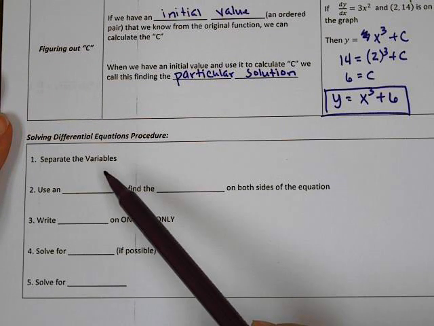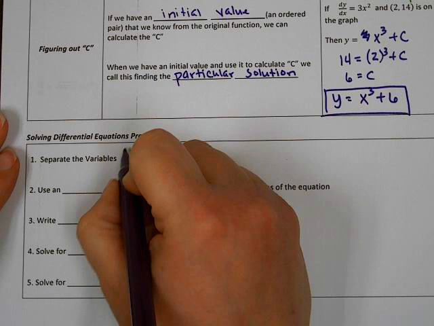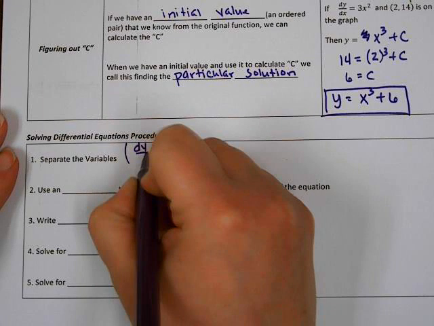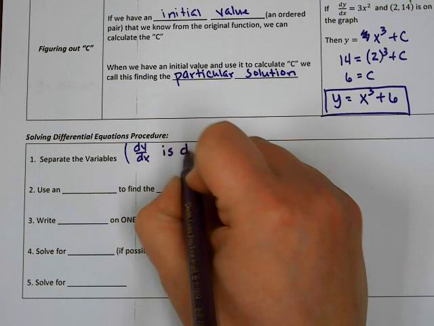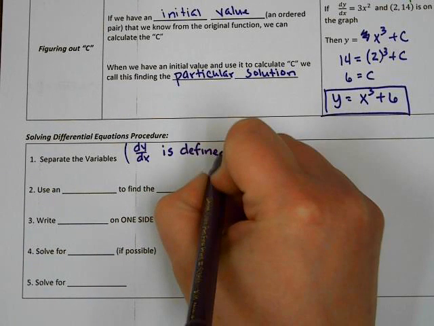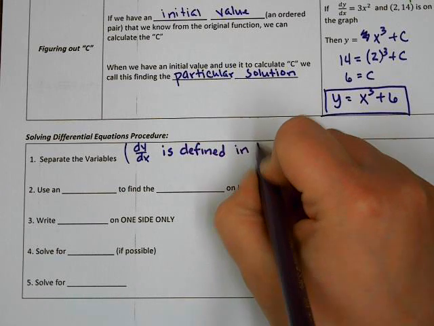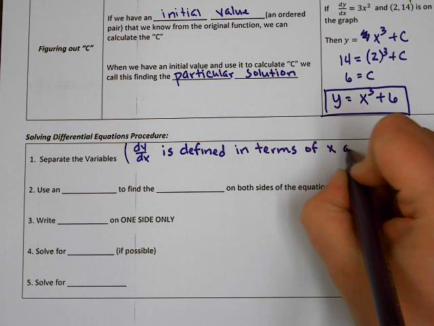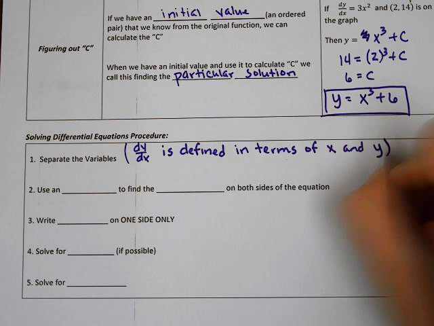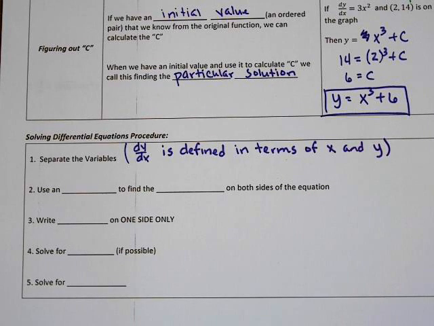But all this really means, separate the variables, is that you must have been given a dy/dx that is defined in terms of x and y. And so we have to separate the x, dx on one side and the y, dy on one side so that we can actually continue on with the process.